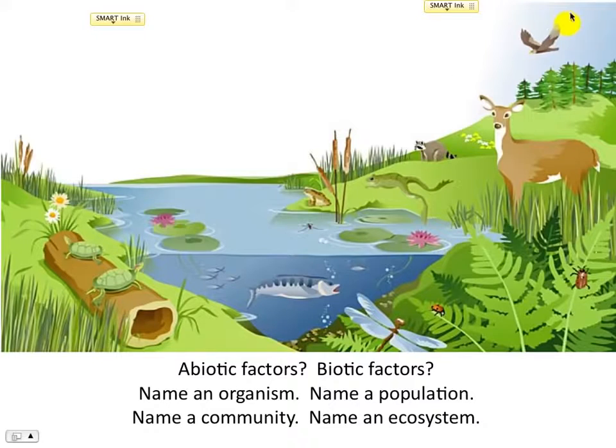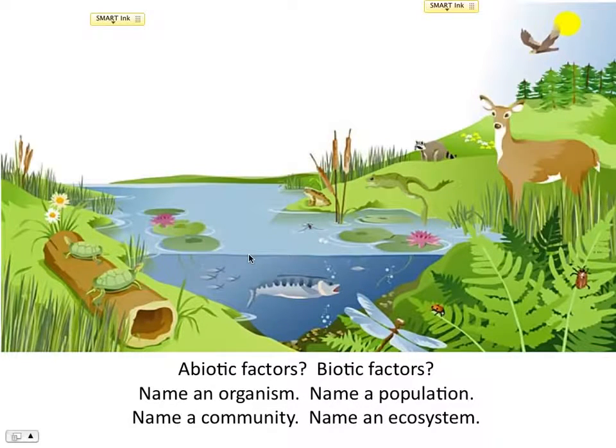We could talk about the sunlight. There's a temperature here that we can't feel, but we can assume. The air, so how much oxygen's in here, how much oxygen's in the water, the temperature of the water, the salinity of the water, how much salt is in there. We could talk about the turbidity or the cloudiness of the water. And you could probably think of some other abiotic factors as well.